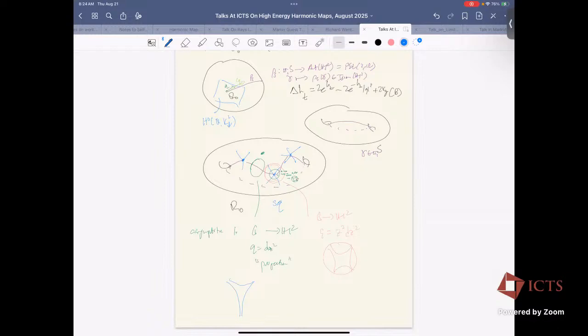In between, the green part is just a projection. The pink part develops into some ideal quadrilateral.